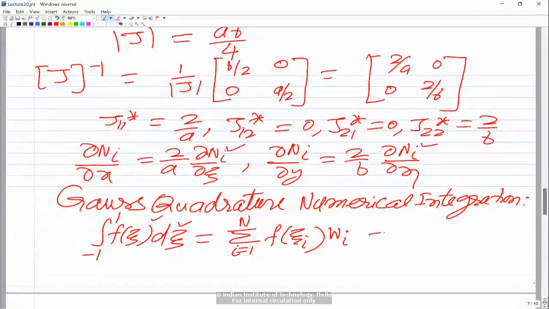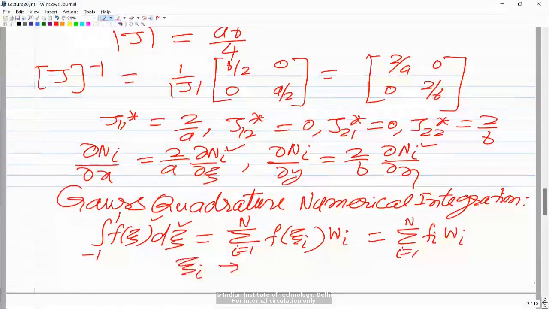We can also say that f at xi I is nothing but the value of function f at I, so we can call it fi. So we will have the sum over I equal to 1 to n of fi into wi, so you can write it like this. So here these points xi I are specific points. These are known as the Gauss points, so the integration points we call either simply Gauss points or integration points.